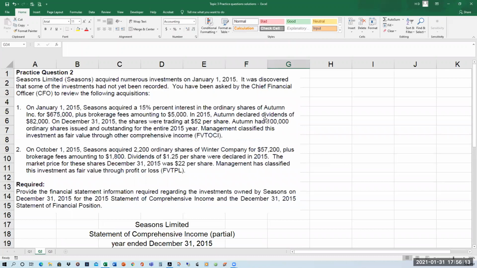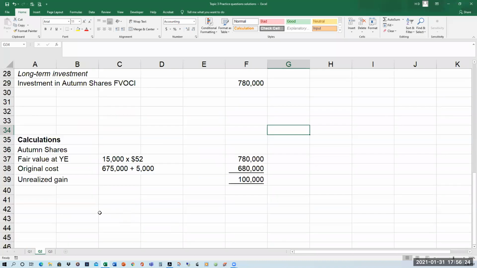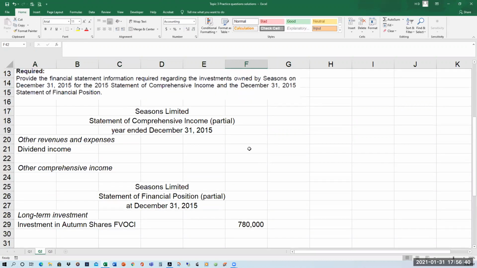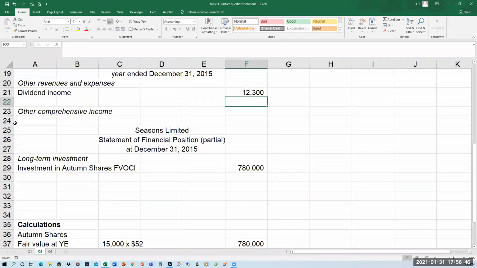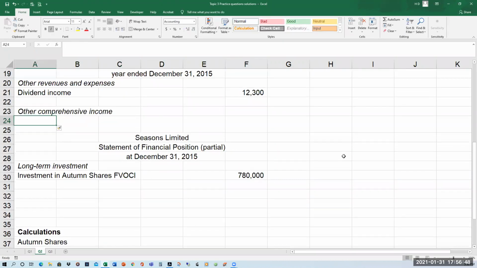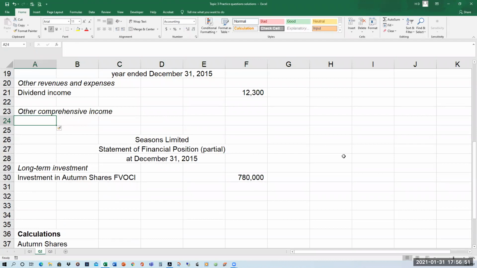Oh, what about the dividends? Autumn declared dividends of $82,000. Seasons owns 15%, so Seasons will have received 15% of $82,000 as dividend. That works out to $12,300. So dividend income is reported in the net income portion, and OCI will have the unrealized gain.